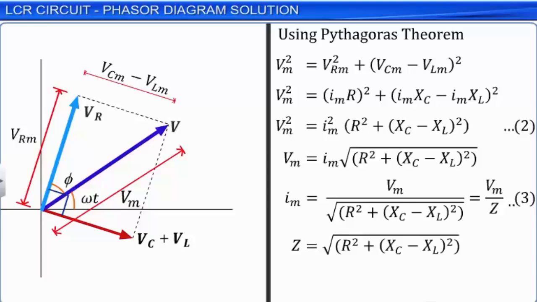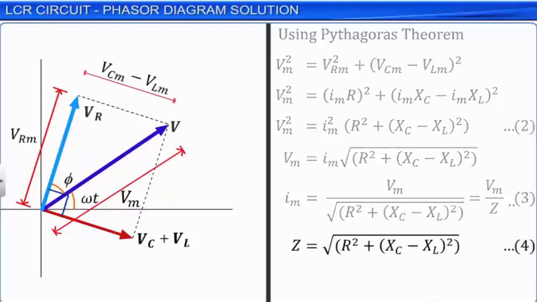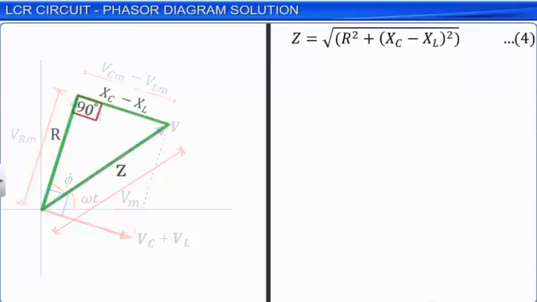Let this be equation 4. The impedance equation can also be written as Z square is equal to R square plus Xc minus XL square. This equation represents a right-angled triangle as per Pythagoras theorem. This triangle is called the impedance diagram.